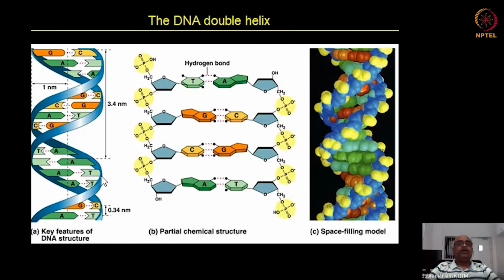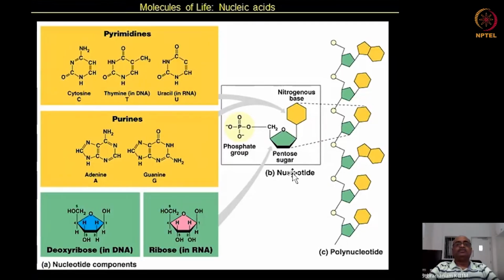One important additional piece of information is that there is a directionality for these strands. Let's go a little bit back and come to this again. If you take this ribose, let us say this is at one end of a long chain.